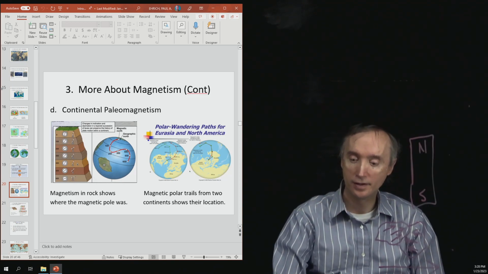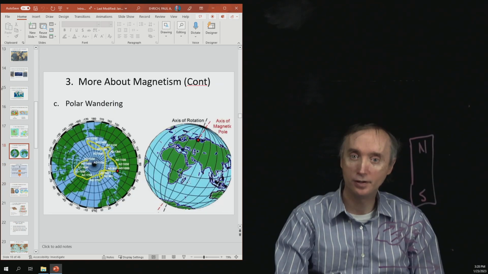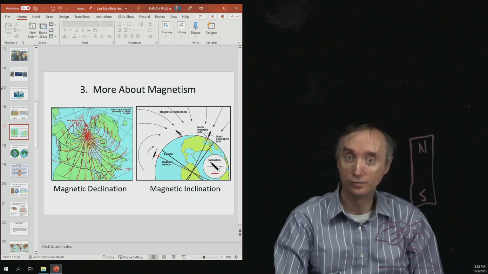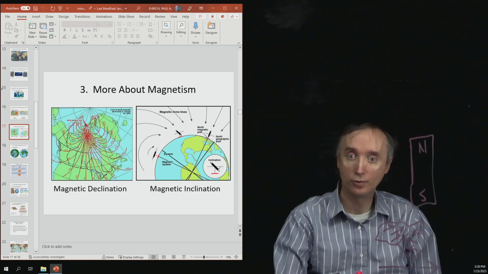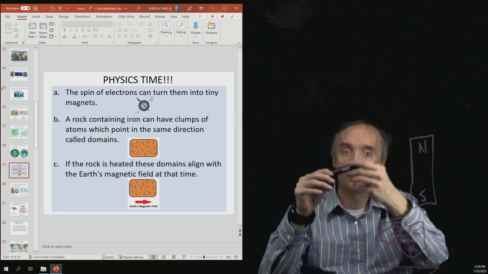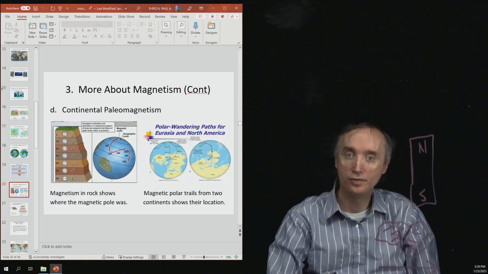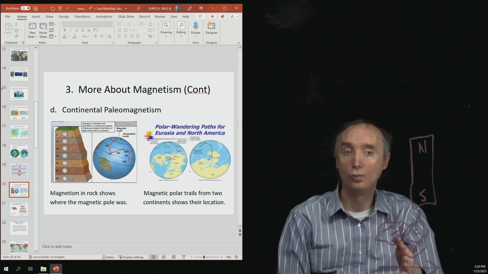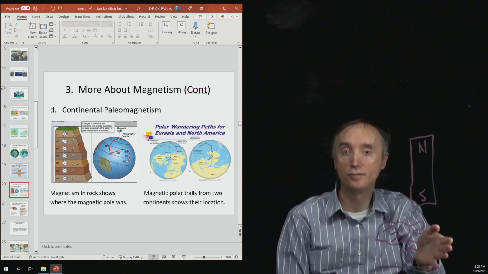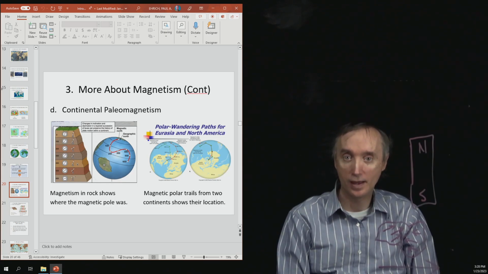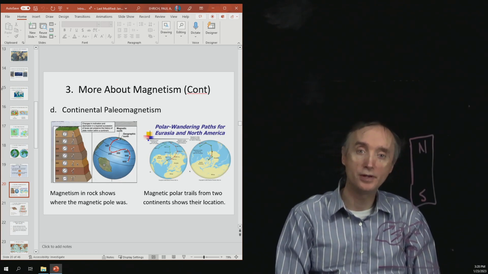So do you remember, let's go back up to here, the declination was the direction that the magnetic field was at that point, and then you also had the inclination, which was the amount that it would dip. So they can, in the laboratory, determine what was the direction of the magnetic field when those rocks formed, and they can plot it on a piece of paper.